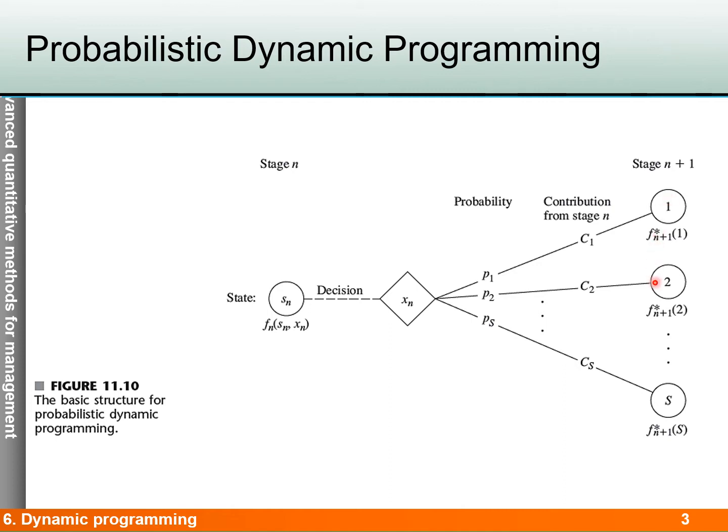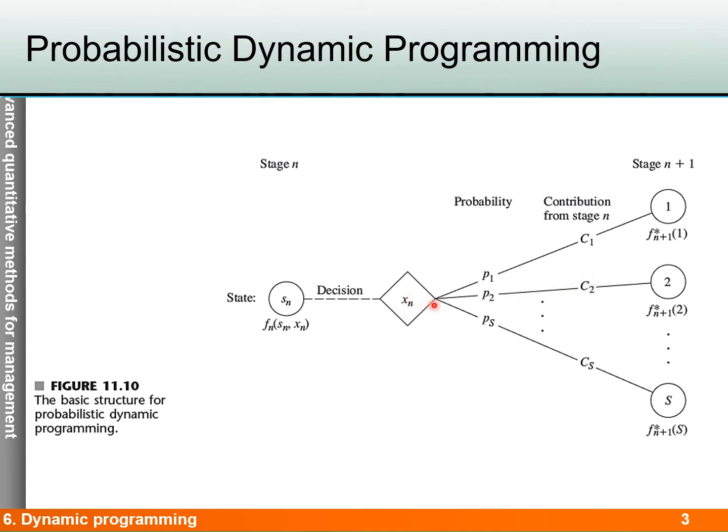Let S denote the number of possible states at stage n plus 1, and label these states as 1, 2, 3, up to S. As you see here, they are optimal, Fn plus 1 star of 1, 2, up to S. The system goes to state i, one of these states, with the probability of Pi, where i is from 1 to S, with the decision of Xn.